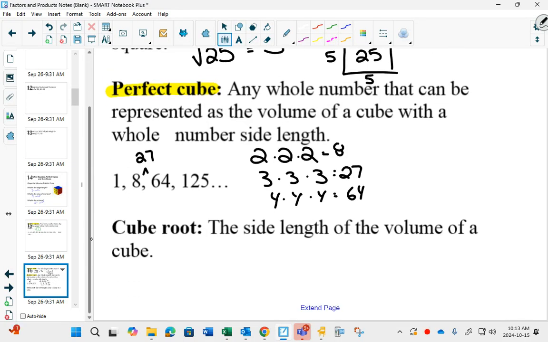And the cube root, which we write like this, like the square root, but we put a tiny little 3 in there to say cube root. Fourth root would have a tiny 4, fifth root would have a tiny 5.